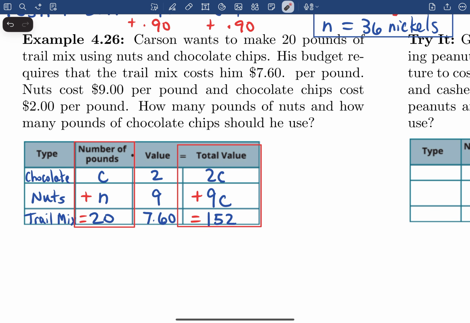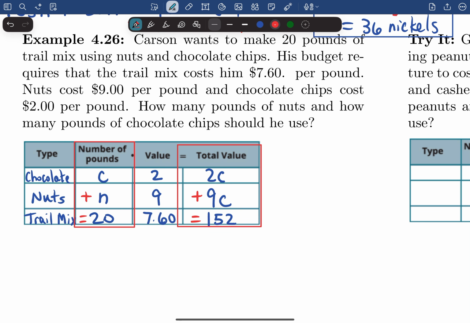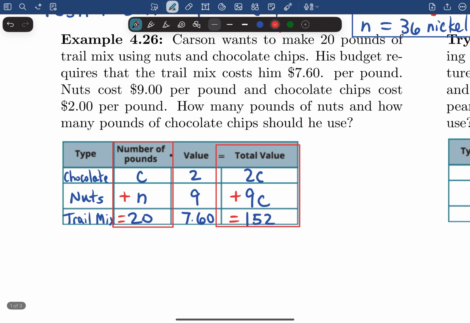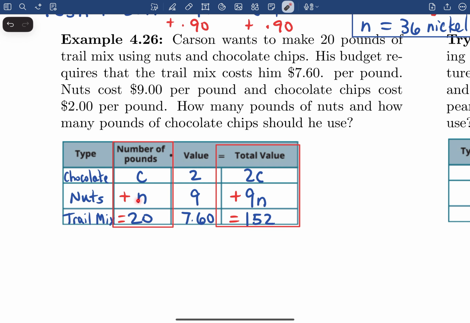And why wouldn't I take this column? Because I know all the values of this column. I'm not worried about this information. Okay, so now I proceed to write these equations out. Oh, by the way, this is not a C. This is definitely an N, right? Because 9 times N. 9 is multiplied with N. I apologize. There we go.